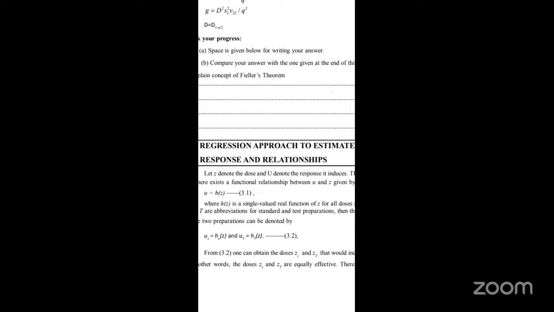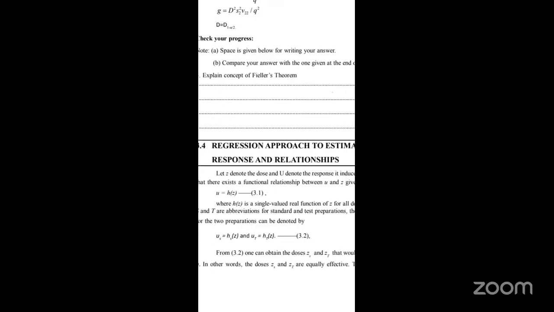Okay. Next one is the regression approach to estimate dose response relationships, where u equal to h of z. In equation 1, f of z is a single variable function of z for all doses in the range of interest.